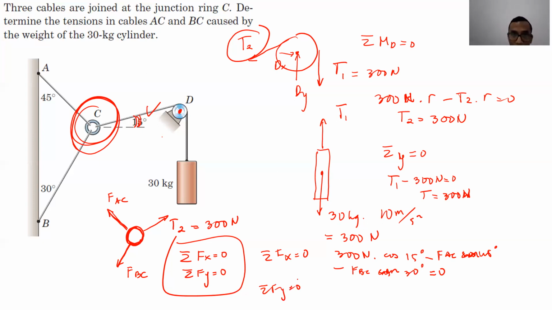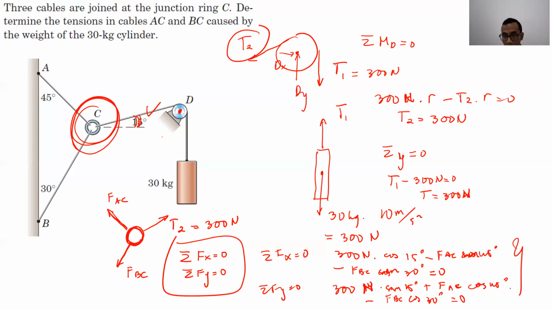Sigma Fy equal to 0, what we will have there is 300 Newton going up positive, sin 15 degrees plus FAC cos 45 degrees minus FBC cos 30 degrees equal to 0. So we have these two equations.